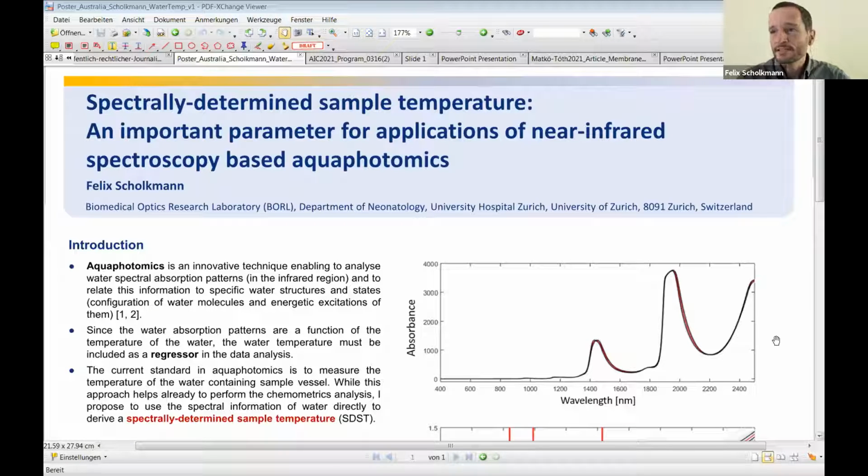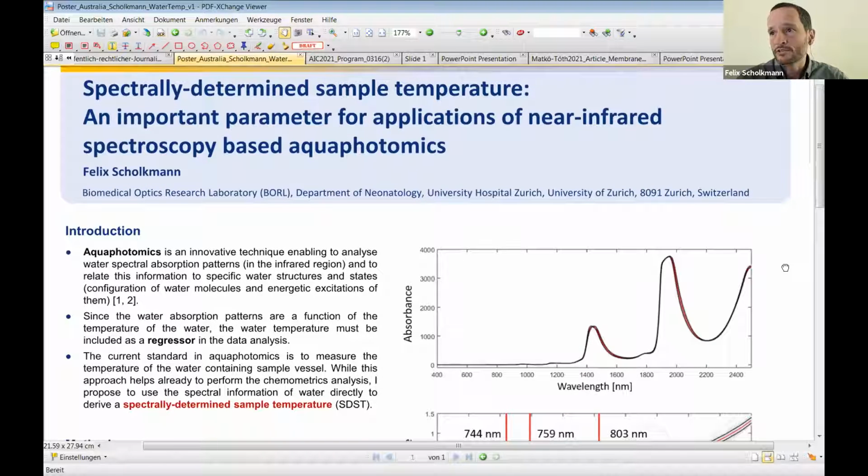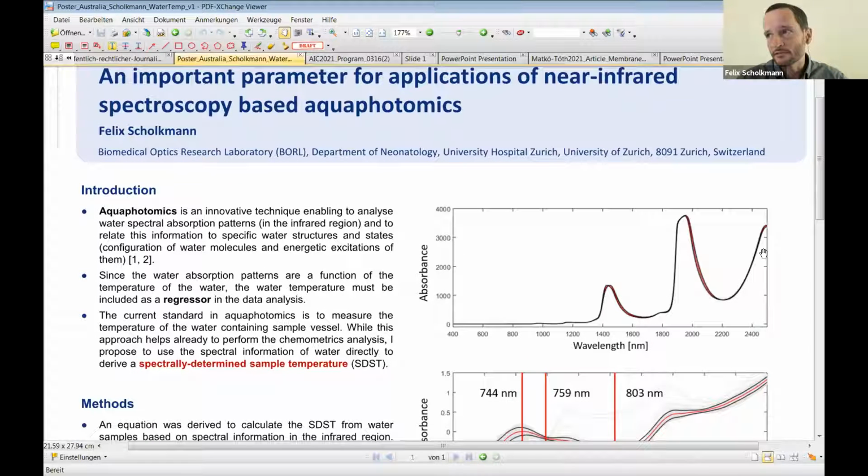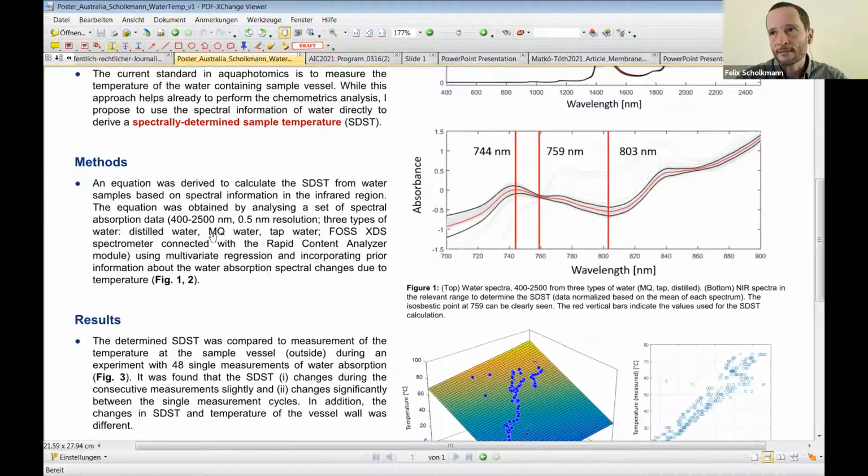So I used a data set from Romania's lab that contained water spectra recorded at different temperatures ranging from about 20 to 70 degrees. And three different types of water were analyzed: molecule water, tap water, and distilled water.